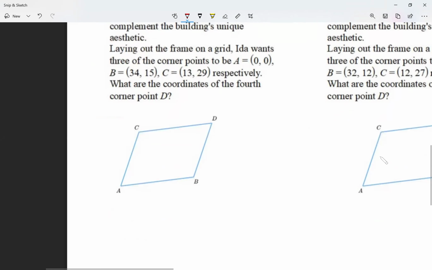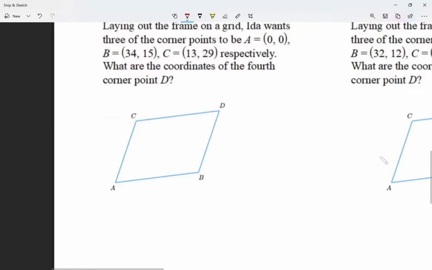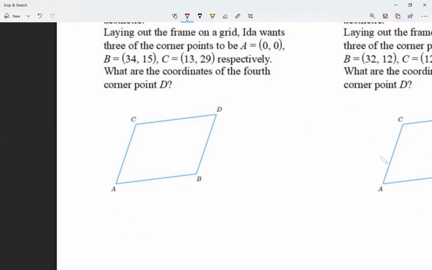Laying out the frame on the grid, Ida wants one of the corners to be point A. The coordinates of A are going to be 0, 0. My point B, the coordinates of my point B are going to be 34, 15. Okay. My coordinates of C are going to be 13, 29.